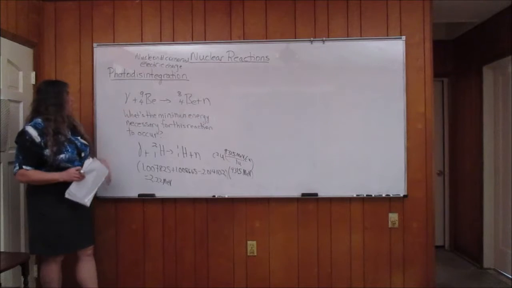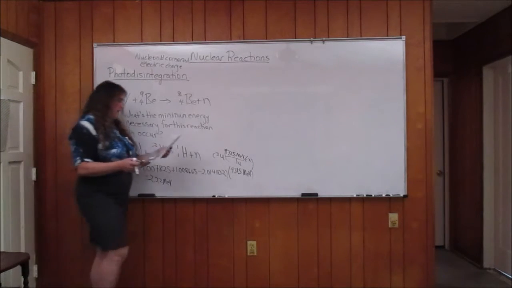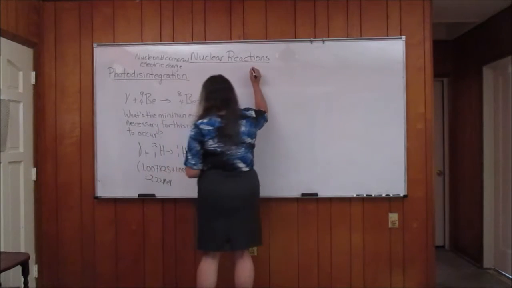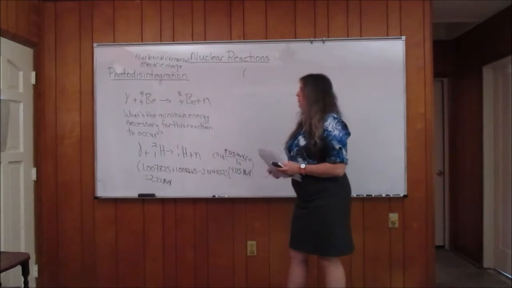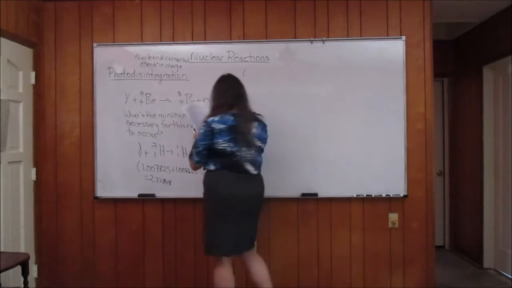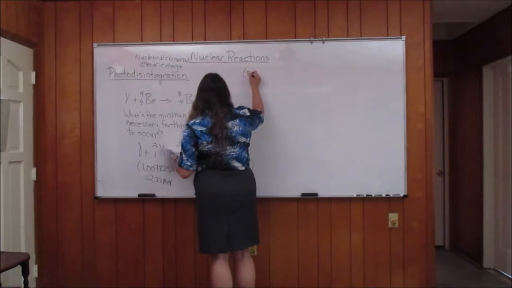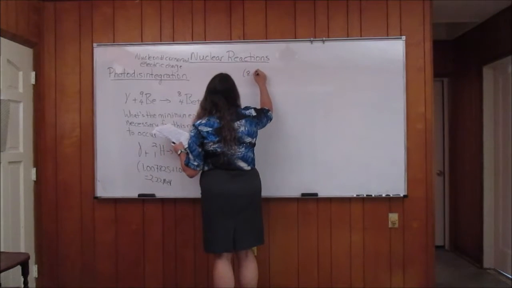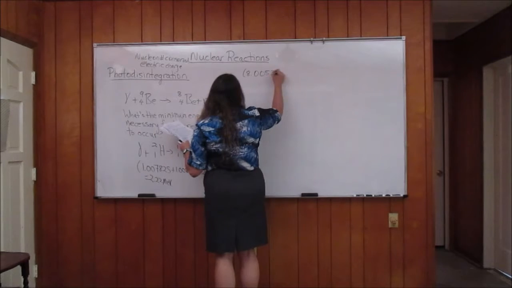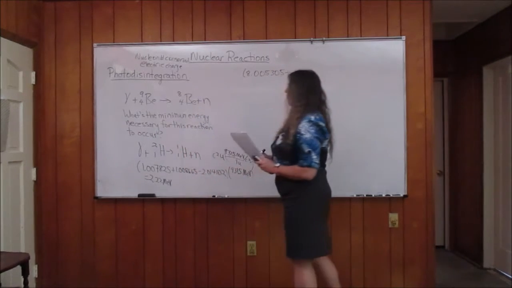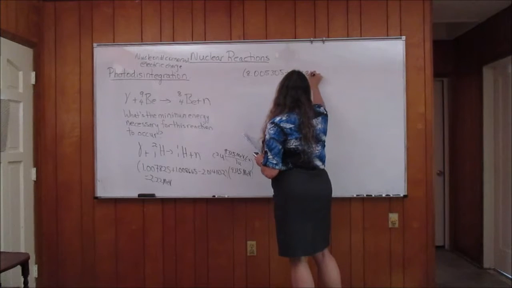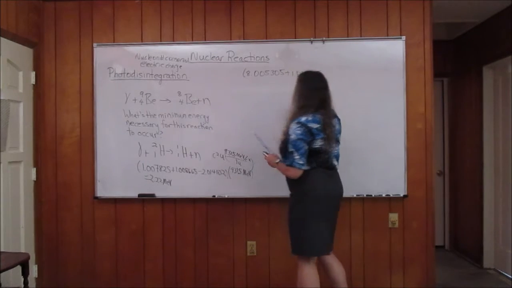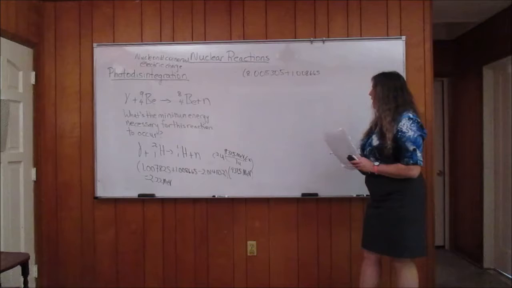Okay, so now let's turn our attention back to beryllium-9, and I want to figure out, again, what's the minimum energy for this reaction to occur. Beryllium-8 has a mass of 8.005305. The mass of the neutron is 1.008665.